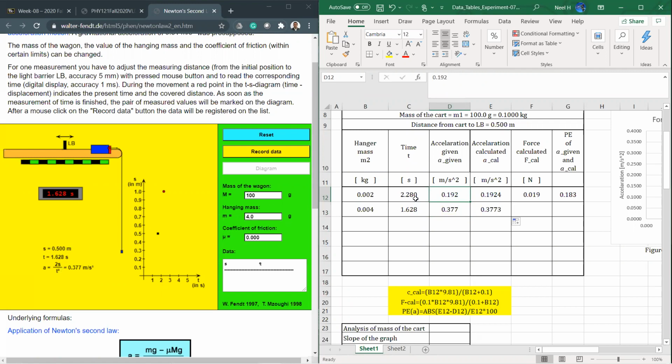That's why I wrote down the time here. Previous one, equal sign twice: displacement times 0.5, divided by time to the power 2, so cell value C12 to the power 2. I'm getting exactly the same answer, so there's no difference at all.